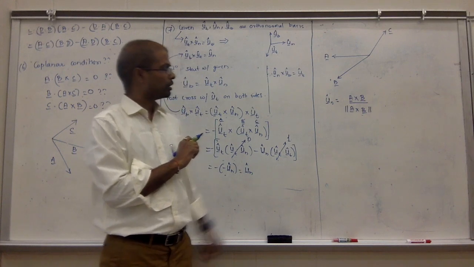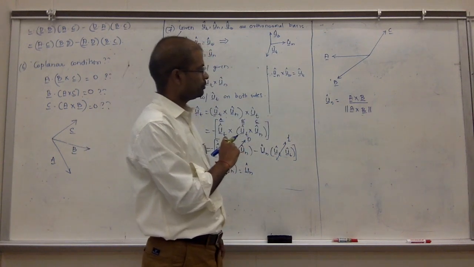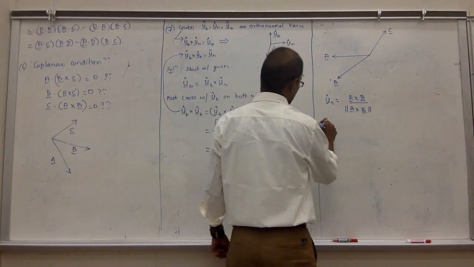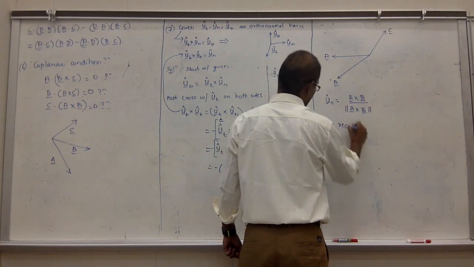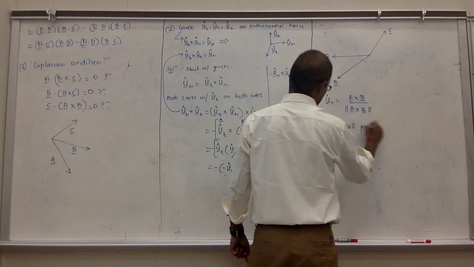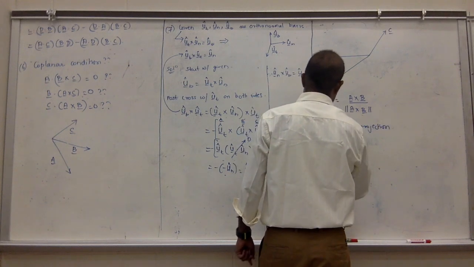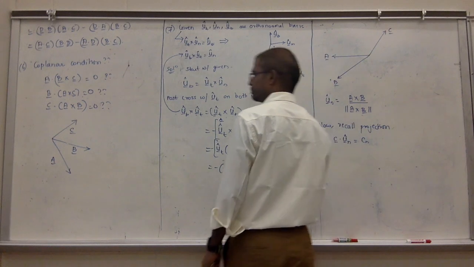Now once you have U_N, recall projection. C dotted with U_N will give you C_N.